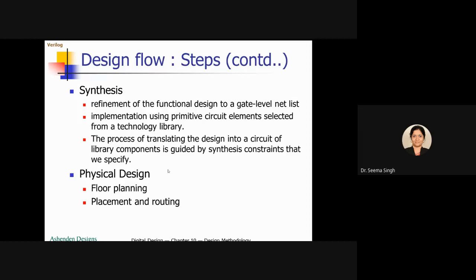But now I have told it I want fewer gates, so it will not calculate it again, it will use the first calculation only. So the number of wires or length of wire increases. And if the length of the wire increases, then of course propagation delay increases. So this is one example where I say that I want a lesser number of gates, and it gives rise to more propagation delay.